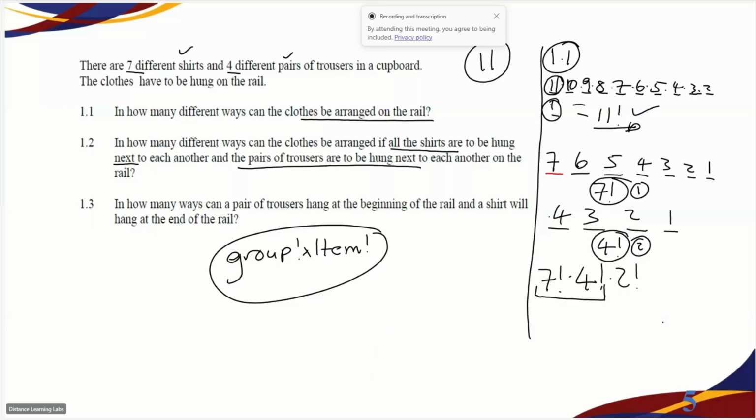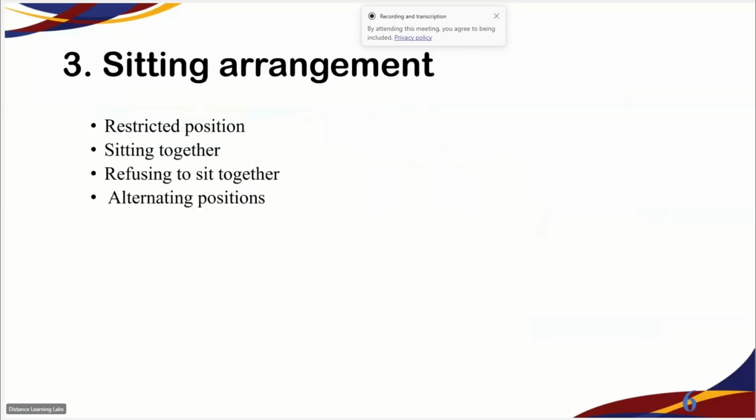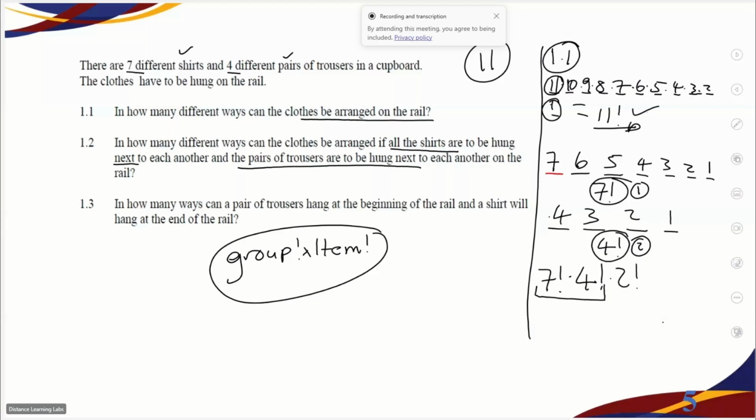Thank you very much. The 7 factorial and the 4 factorial are for the groups. Sir, Hello? We are not sorted on the screen. Can you rejoin the meeting? Just exit the meeting and then rejoin the meeting, then it would be visible.